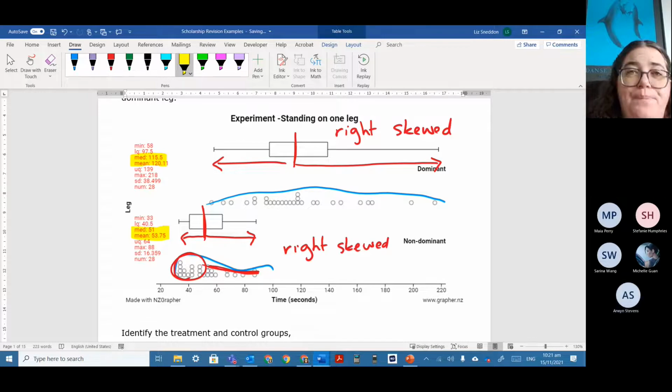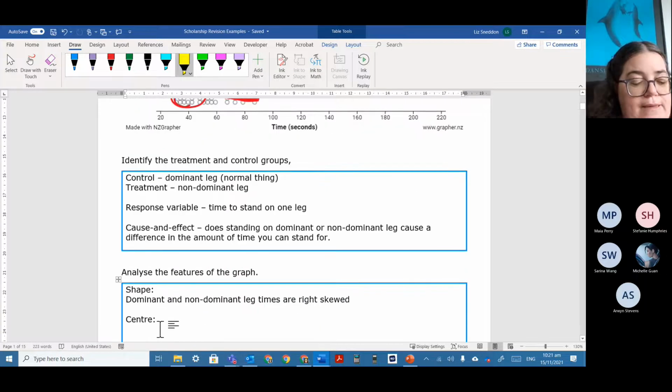Median, because the mean can get skewed by large or small numbers. Good. So because we've got data that is skewed, that means the mean is not the best measure to use, because the mean is going to be affected by that tail, those outliers. So we want to compare the median, not the mean, as it is skewed data.